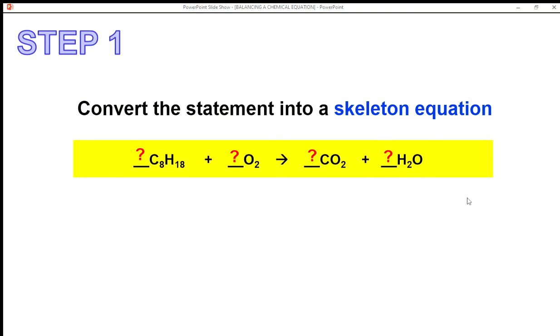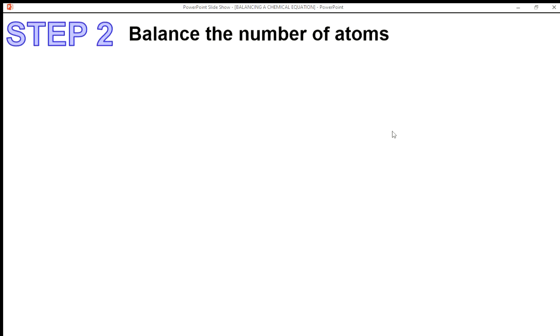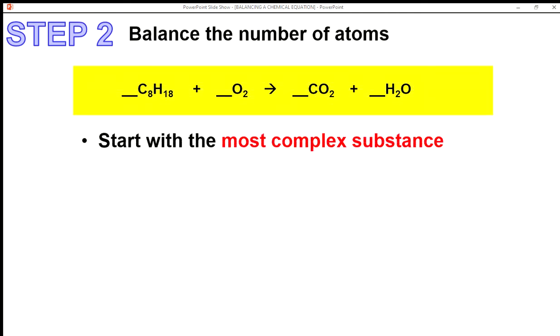The second step is we need to balance the number of atoms, specifically all the atoms in the equation in terms of the number of moles of each atom. So how to balance them? First of all, we are going to start with the most complex substance. In this case, the most complex substance is octane itself.